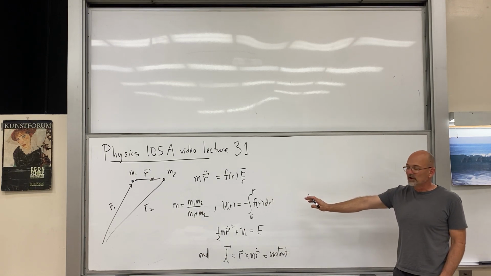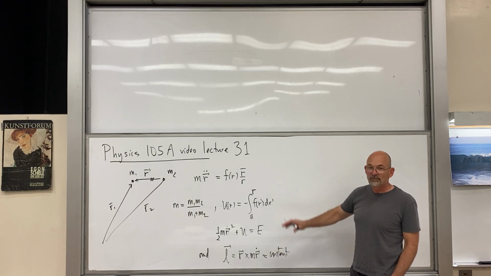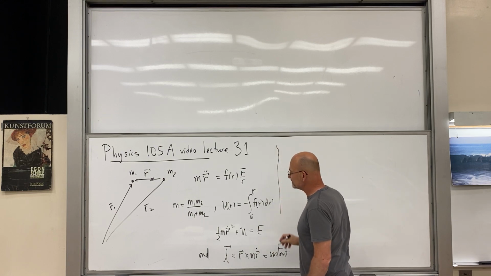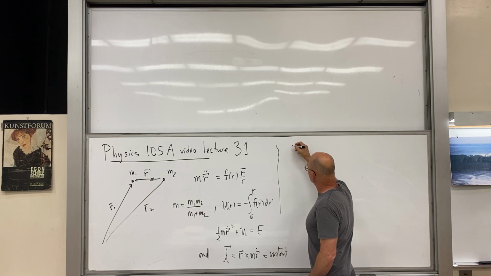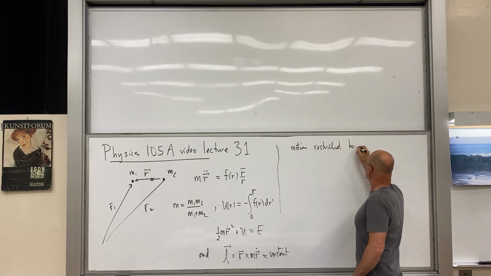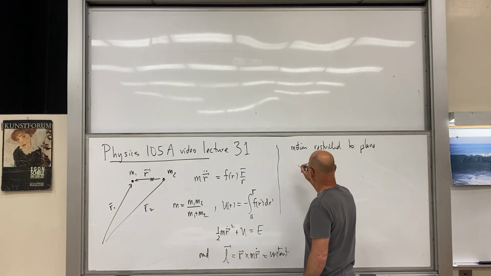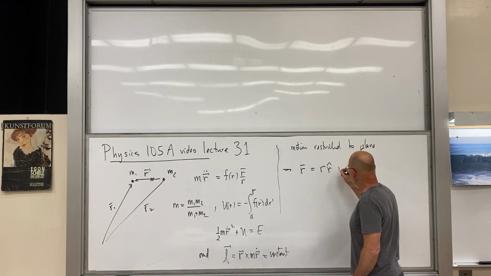From there, we were able to argue that motion is restricted to a plane, and therefore we went to plane polar coordinates. I'll fit this all on one board here. So motion restricted to a plane. Therefore, we go ahead and let vector r equal r r hat.